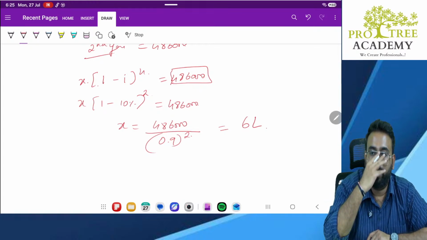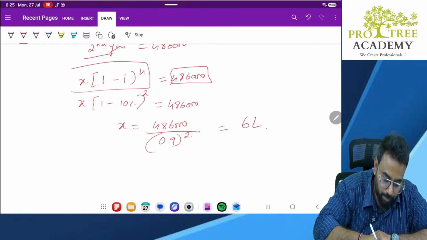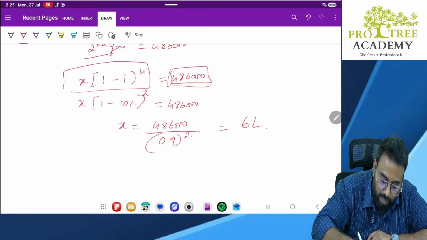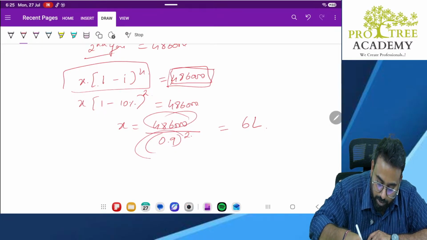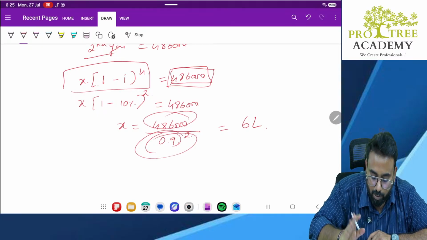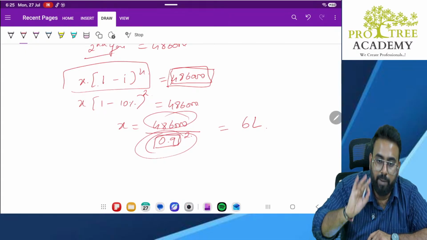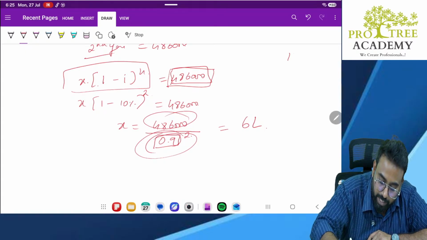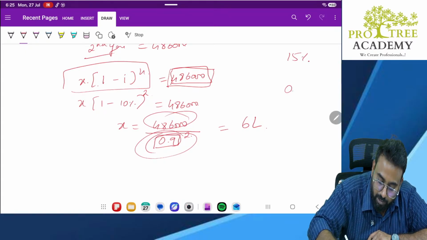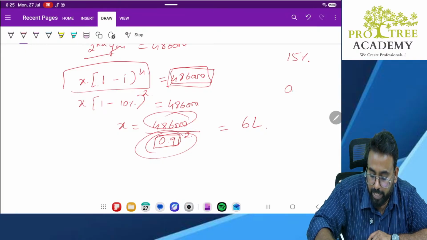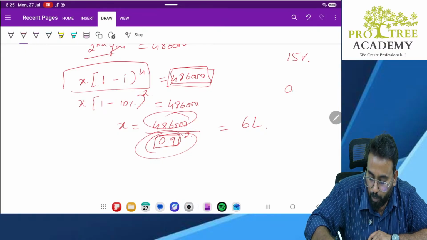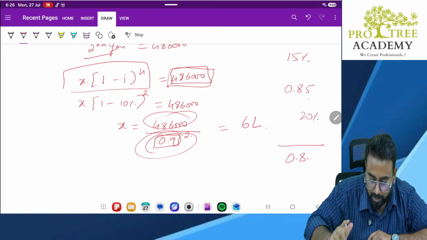So in your calculator, how can you do it? Always remember this formula. Just take 4,86,000 and directly come to this step. See, this 0.9 will remain as it is. If your depreciation rate was 15%, then it will become 0.85. If your depreciation rate is 20%, then the denominator will become 0.8. It will not change. What will change?